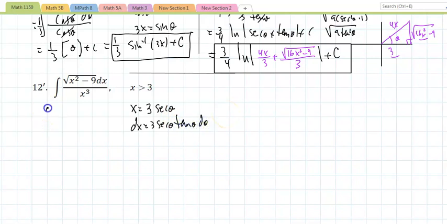So if I make my substitutions, I'm looking at, let's see, my x is right there.